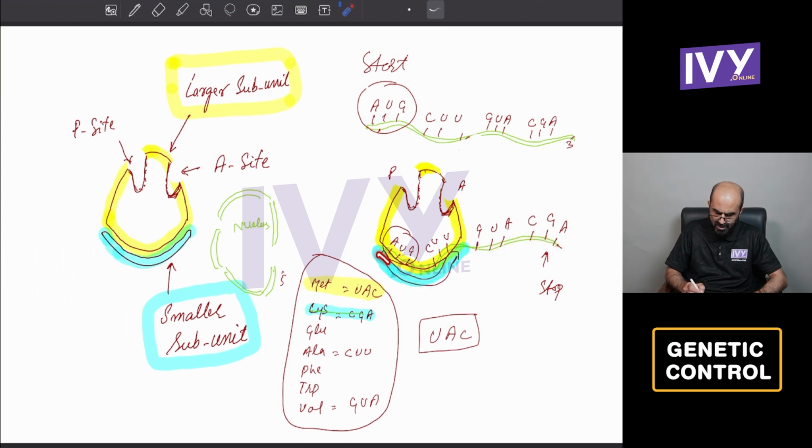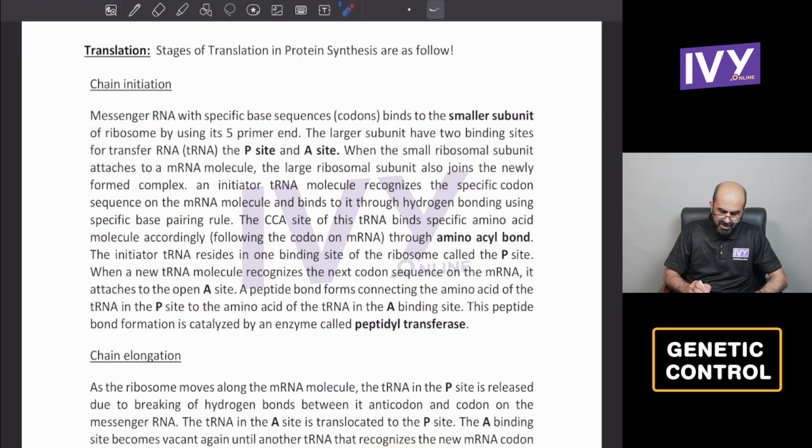So on the ribosome, just the triplet codon is attached. Two codons can be attached to the ribosome from the fifth side, and the remaining part is outside the ribosome. The larger subunit has two binding sites for transfer RNA, the P site and the A site.